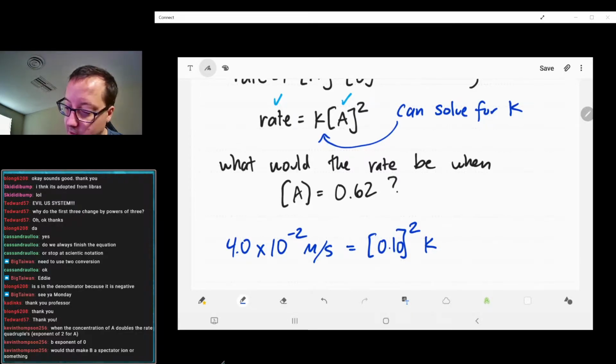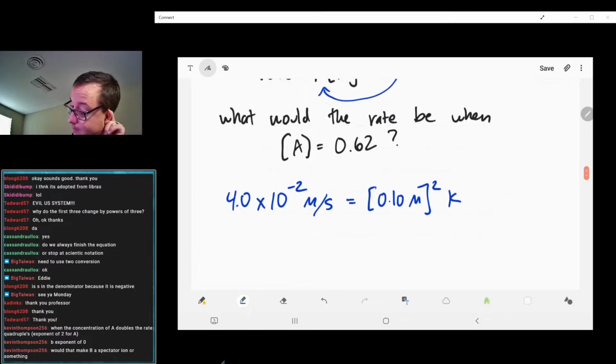Let's keep our units in there too, because we might as well address that while we're here. So doing so, we're going to solve for k. In doing that, I think we just get 4, right? Hopefully that's right, Kevin. Double check for me.